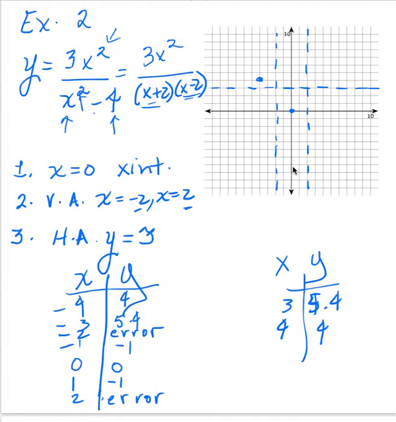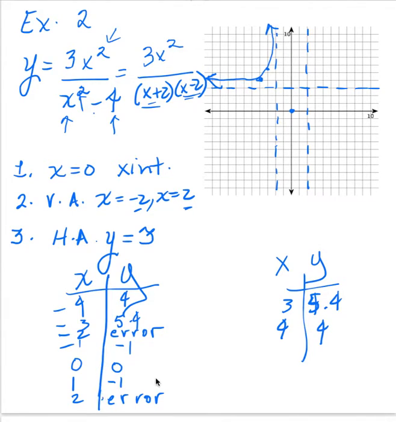At -3, I'm going to be at 5.4, so that's a little bit less than 6. Just so you know, your graph is going to hug the asymptotes and not cross them, so you're going to have a hyperbola that does something like that.